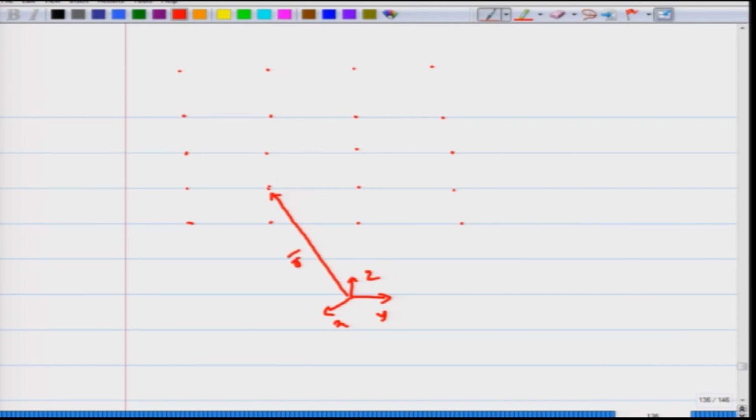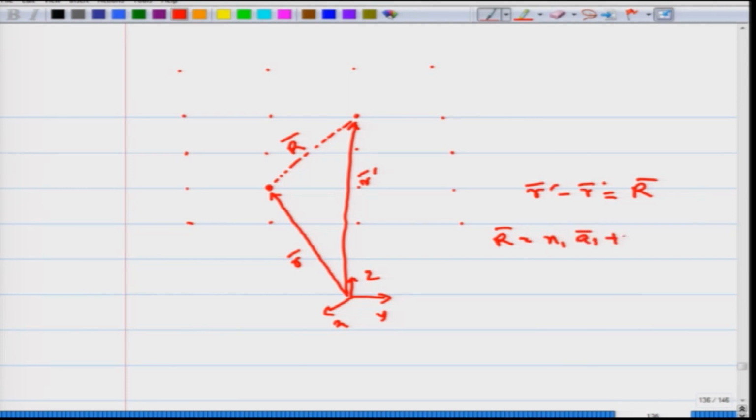Then I can move from this point to this other point, which is my r prime, by using, so r prime minus r should be equal to the translation vector R, where R should be of the form n1 a1 plus n2 a2 plus n3 a3, where a1, a2, a3 are some choice of fundamental translation vectors and n1, n2, n3 are integers.